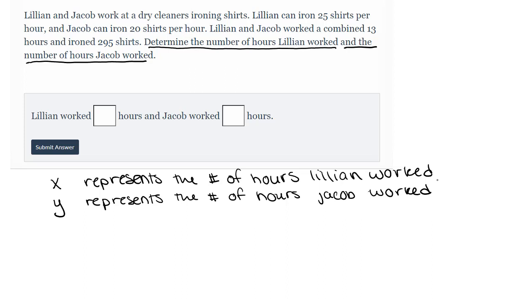Next up, we need to write a system of equations. And I can do that with the information that I have. So I'm going to go ahead and reread the problem and pull out some important information. All right, so as I'm reading this, I see that Lillian can iron 25 shirts per hour. And Jacob can iron 20 shirts per hour.